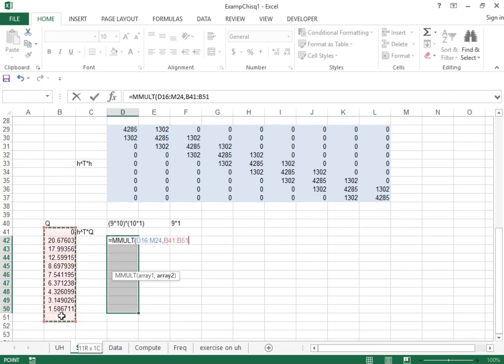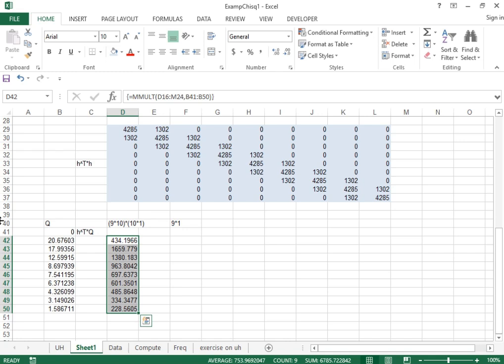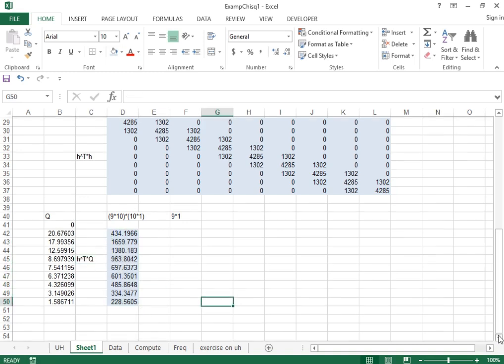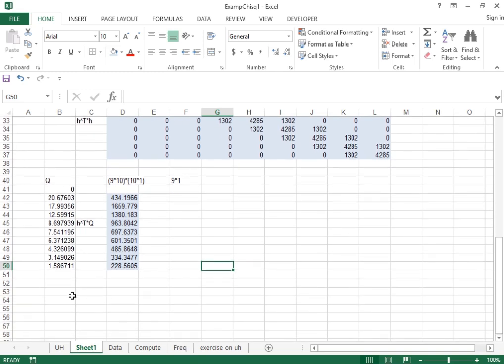You close this as well, then Control plus Shift plus Enter. Now you have H transpose times Q, a 9 by 1 matrix. And finally we have this U.